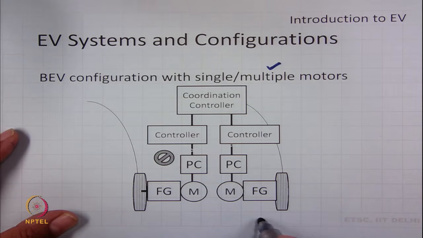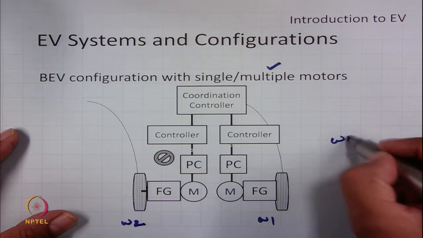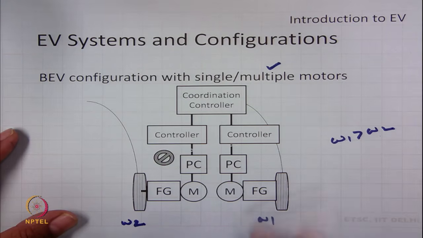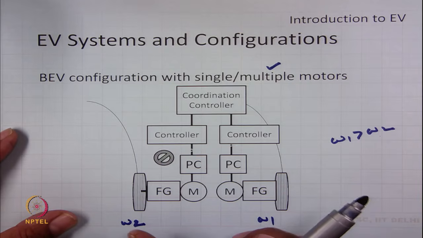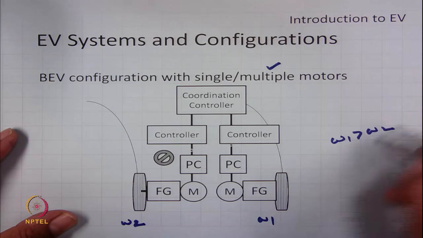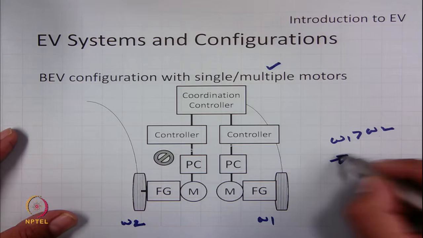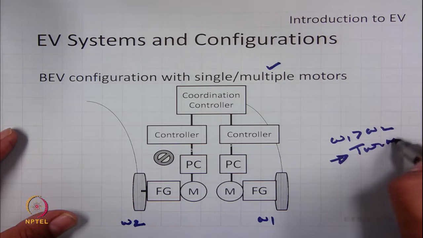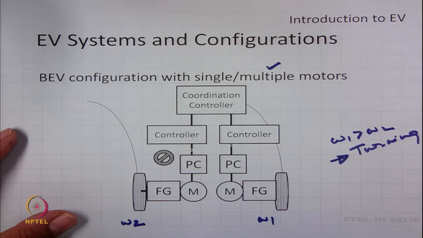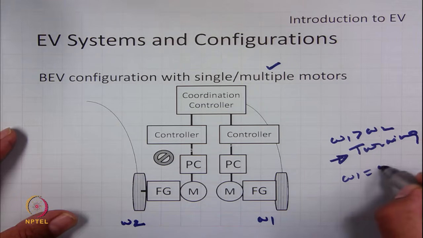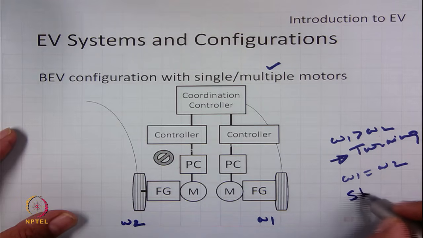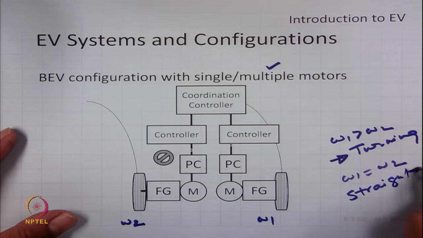Let us say this motor is operating at omega 1 and this motor has to be operating at omega 2, such that it is possible to now turn the vehicle in this side, but this is normally required during turning operation. So, when the vehicle has to move straight, omega 1 will be omega 2 for a straight drive.